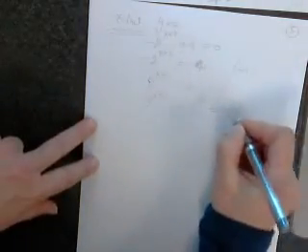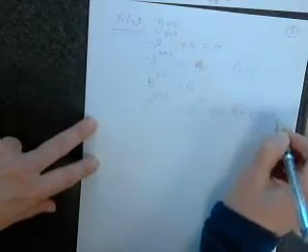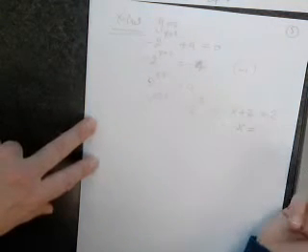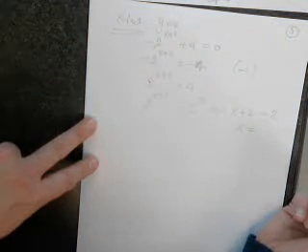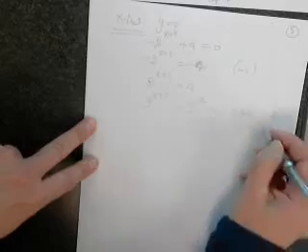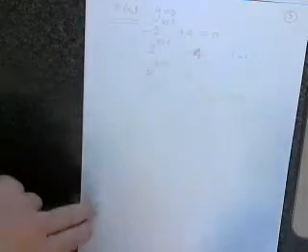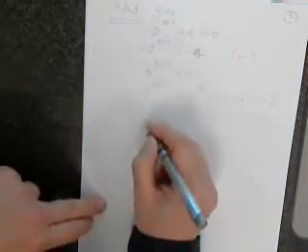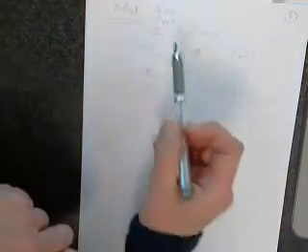So from here, I know that x plus 2 must equal 2, which makes x be 0. So then the ordered pair that represents the x-intercept is 0 comma 0. 0 for x, 0 for y, because that's how we started.